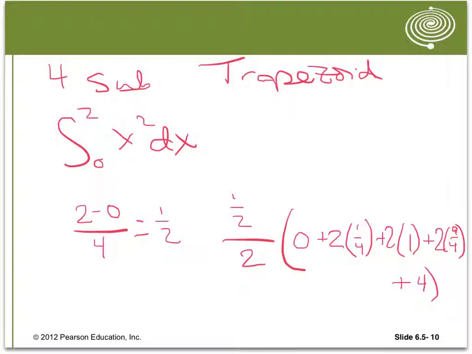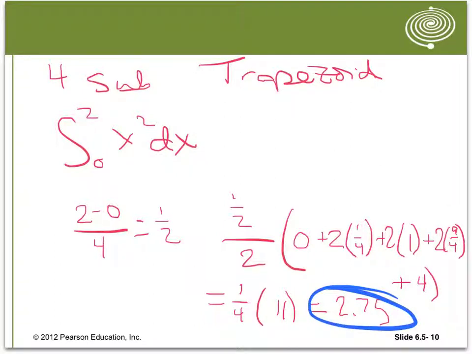So we calculate that. Alright, so as you simplify that, you get 1/4 times 11, and 1/4 times 11 is 2.75. So I get 2.75 as my answer. The question I want you to be able to answer about that when we come to class tomorrow is, is that going to be an overestimate or an underestimate?